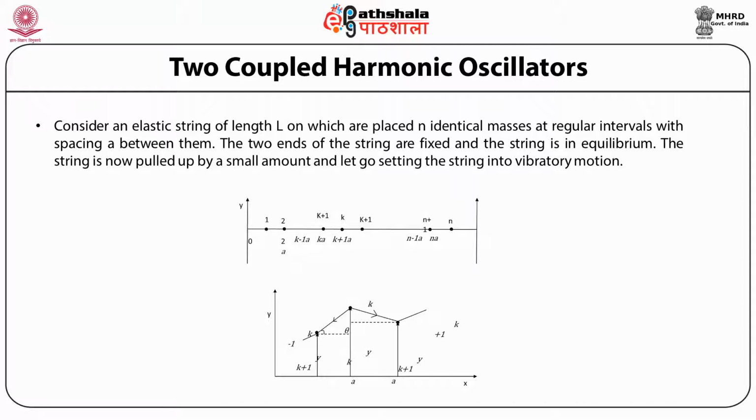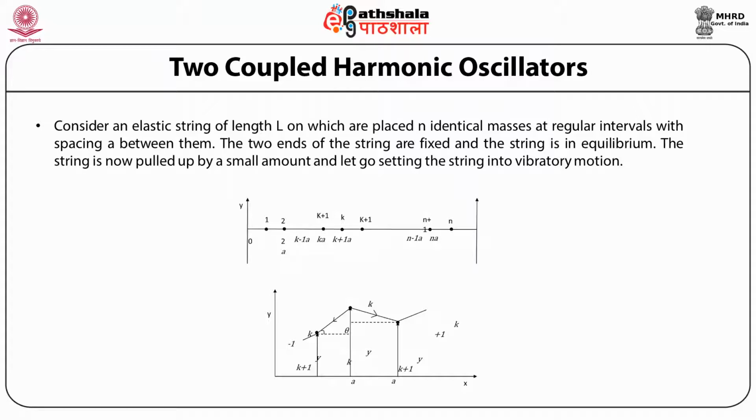This will set the string into vibratory motion. So, consider the diagram here where, let us say, the kth mass is pulled up by an amount y_k, the (k+1)th mass is then pulled by an amount y_(k+1), and the (k-1)th mass by an amount y_(k-1).